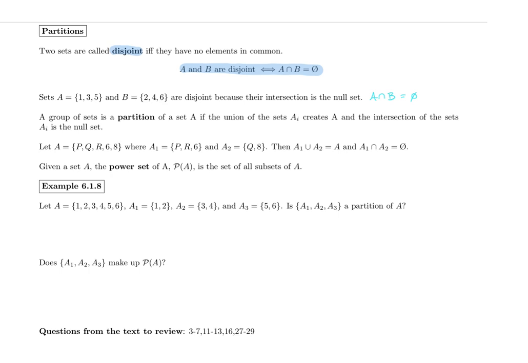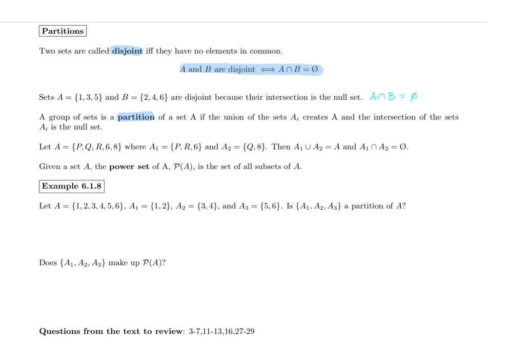A group of sets is a partition, so this is another new term. A group of sets is a partition of set A if the union of the sets A sub i, so each of the subsets of A, creates A, and the intersection of all the subsets A sub i is the null set.